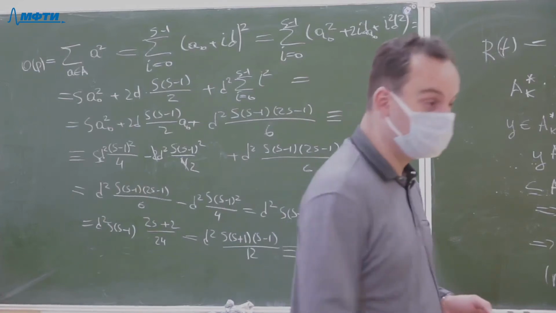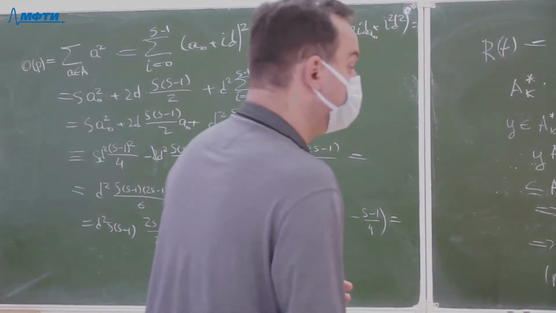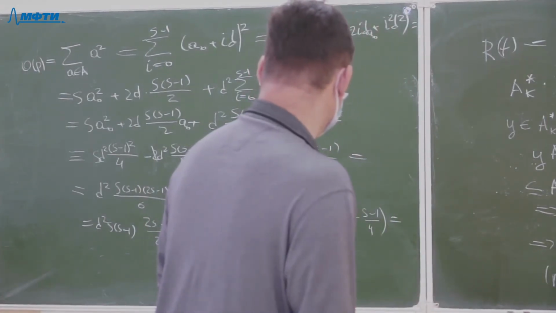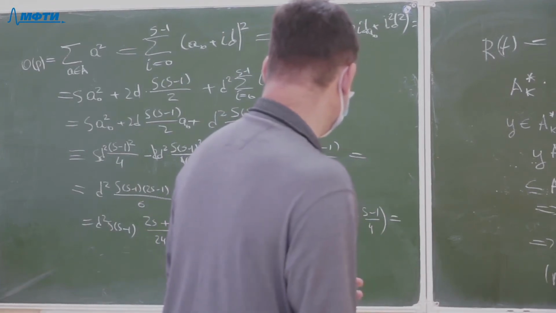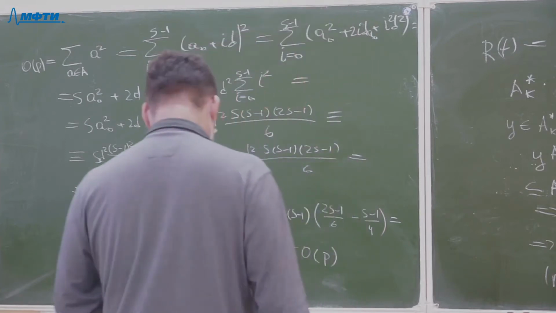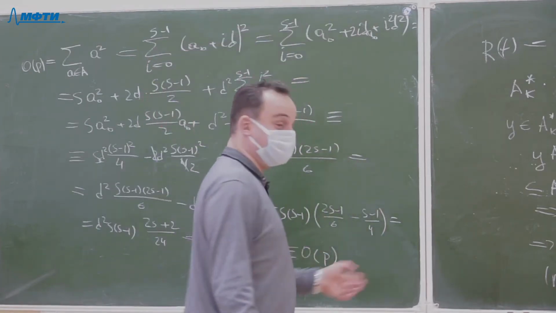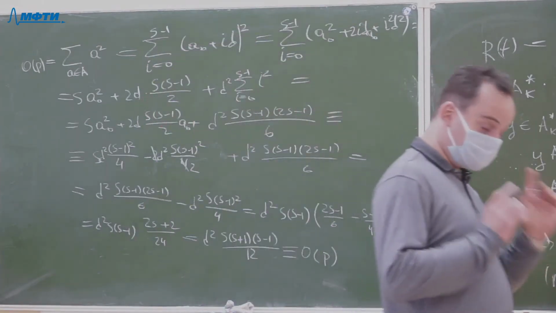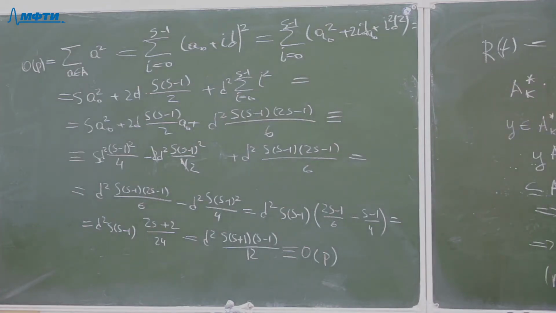Well, S cannot be 0, because S is strictly greater than 1 and strictly smaller than p minus 1.